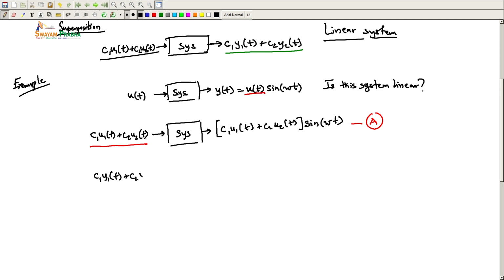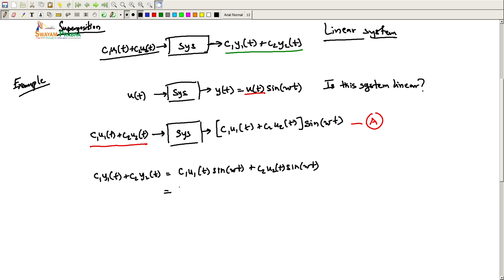Now, we will try to find this particular expression, that is C1 y1(t) plus C2 y2(t). That expression is C1 u1(t) sin omega t plus C2 u2(t) sin omega t.